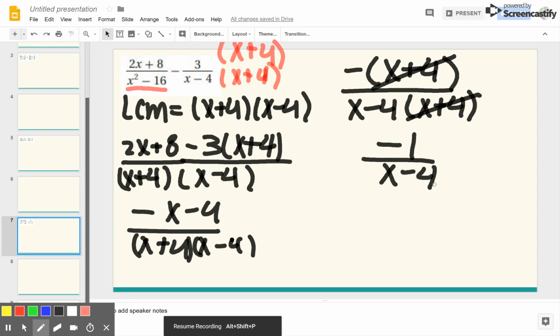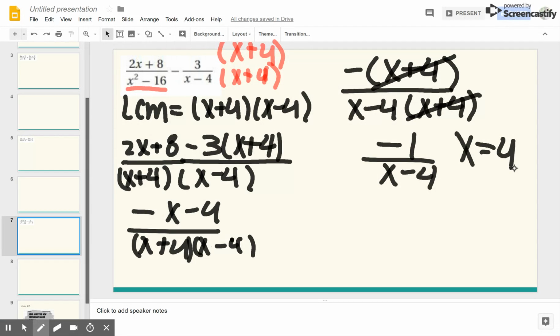So now we try to find the undefined, but the undefined is x equals 4 from the beginning. So the undefined is x equals 4. So that means that there is a hole at negative 4. So for this, you write hole.